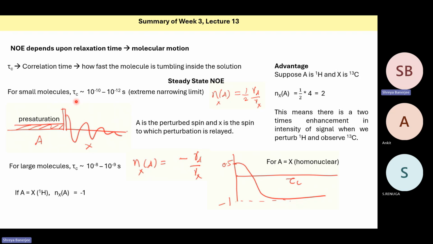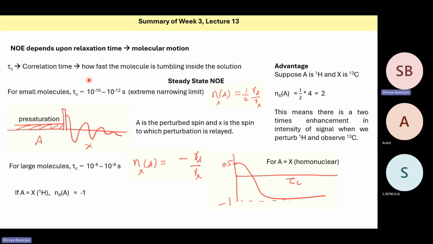So the tau c will be very small, 10 to the power minus 10 to 10 to the power minus 12 second. This is also called the extreme narrowing limit because it's a very small time limit. So in small molecules, the time for tumbling of the molecule is small. And in this case, the NOE extent is given by half gamma A by gamma X.